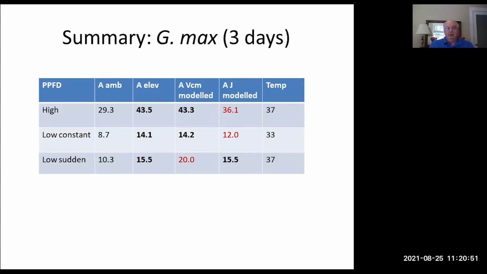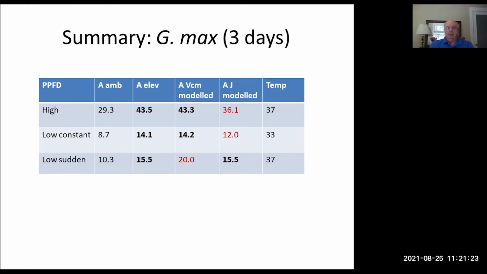Then the 4th column over is assimilation rate modeled for 600 parts for the elevated condition, assuming that it was limited by Vcmax. And again, you can see that at the high CO2, the actual assimilation rate at elevated CO2, that modeled based on assuming that Vcmax is limiting, is very close to what we actually observed.